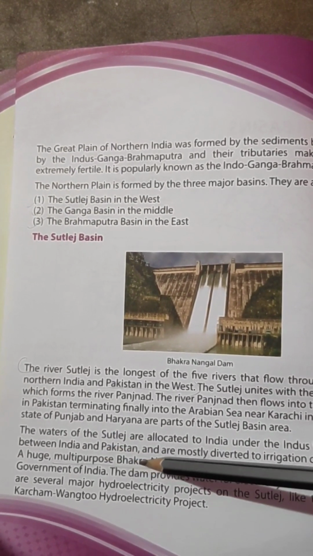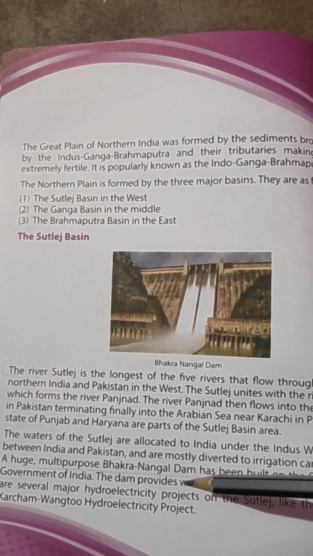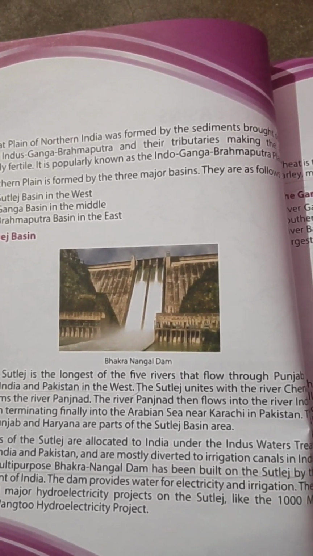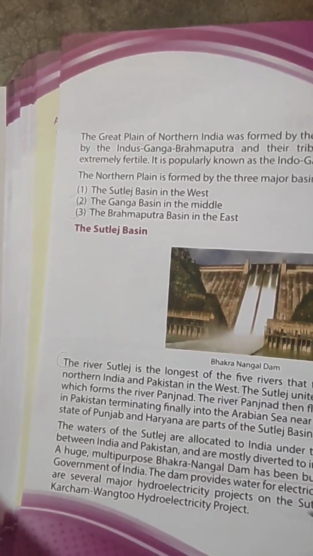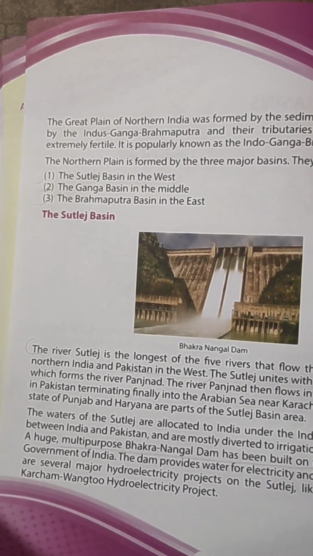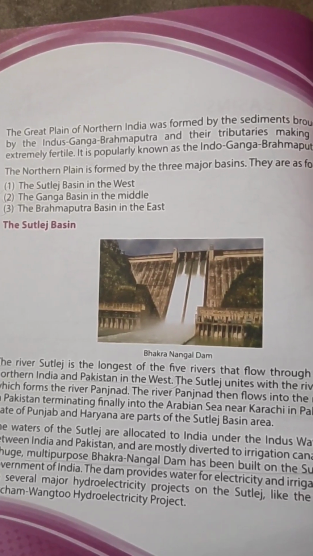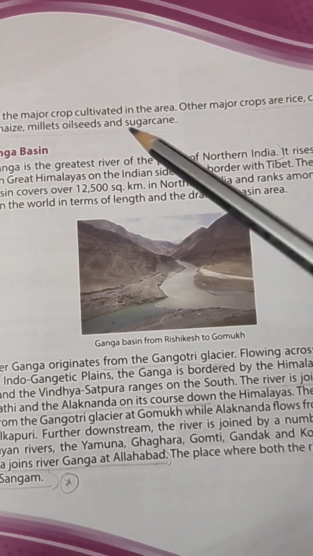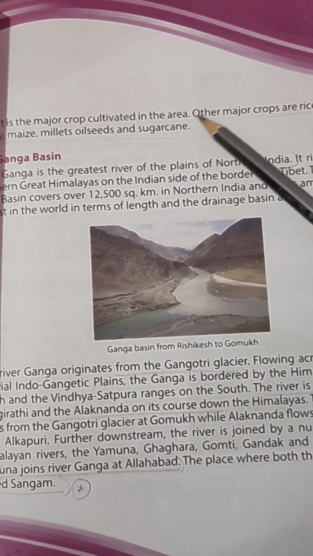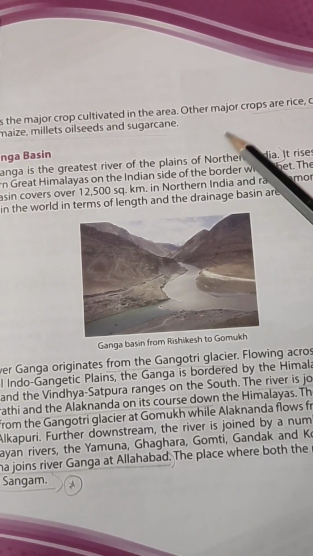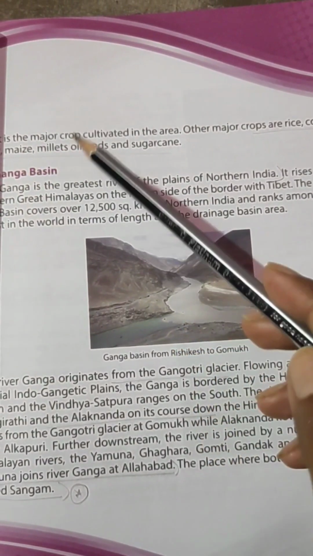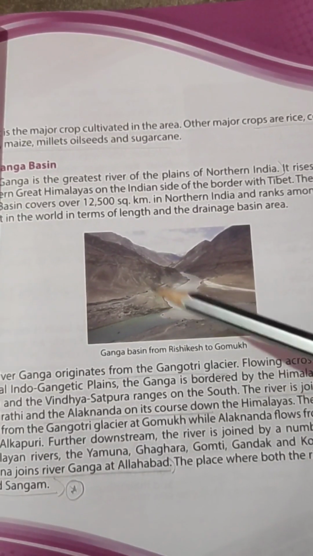Now we can see a huge dam, the Bhakra Nangal Dam, has been built on the Sutlej by the government of India, and this dam provides water, electricity and irrigation. Now see, wheat is the main crop cultivated in this area, and the other major crops are rice, cotton, barley and so on.